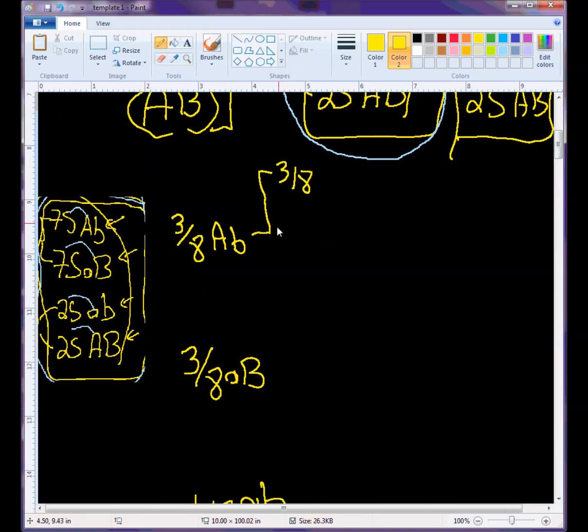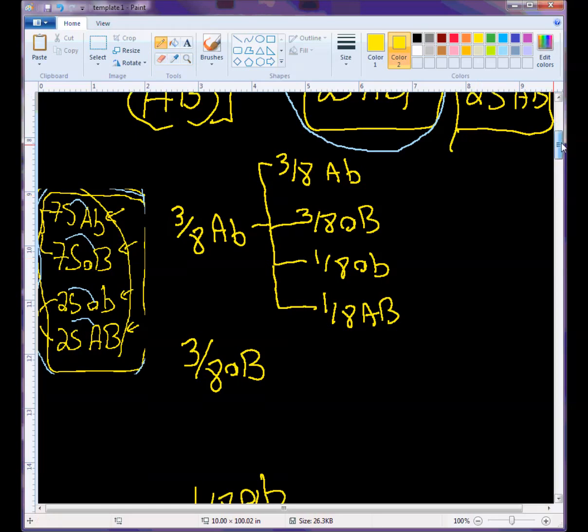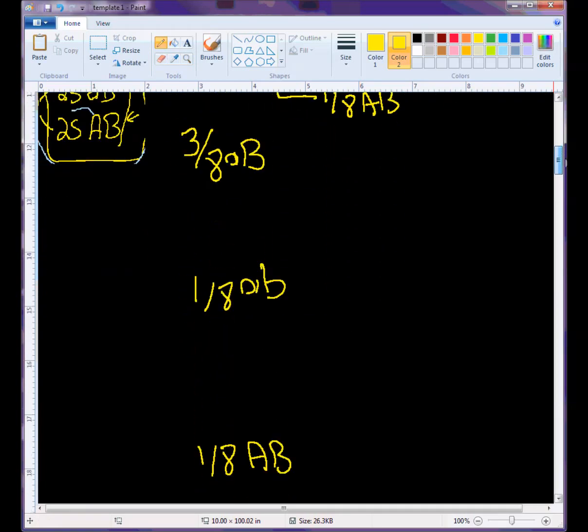So how would we combine these using the forked line method? We are just going to do this: 3/8 big A, little b, 3/8 little a, big B, 1/8 little a, little b, and 1/8 big A, big B. So these ratios right here are just the same as the ratios on the left here, right?